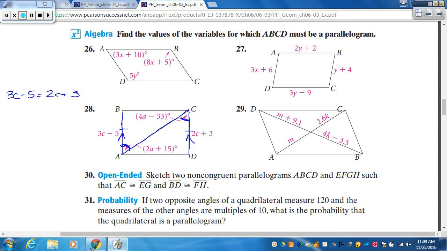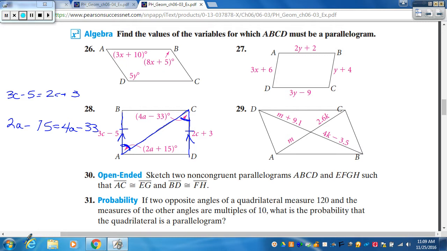Well, again, the lines are parallel, so if the lines are parallel, then the alternate interior angles are congruent, and that's what we have here. So I'm going to go ahead and write down the other equation, which would be 2a minus 15 is equal to 4a minus 33. And then from there, guys, I just go ahead and solve for a. I know you guys can do that, so go ahead and do that for me.